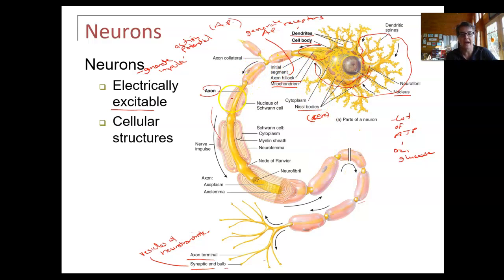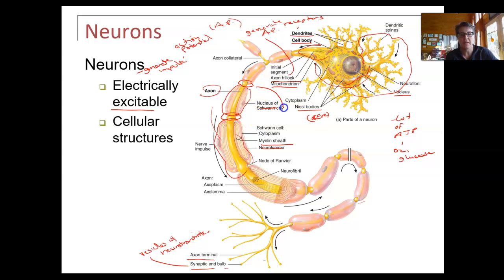Now, this axon, which is the yellow part of this, is wrapped, insulated in myelin. This is called a myelin sheath. Let's not worry too much that it's a Schwann cell and then the whole neurolemma. Don't worry about that. There's gaps where there's no myelin.